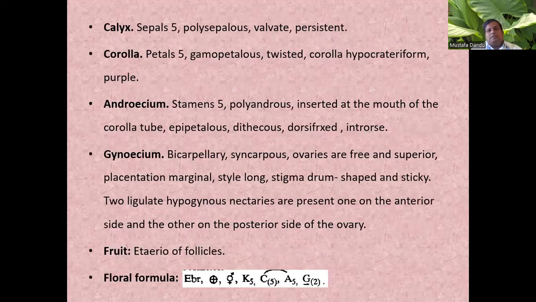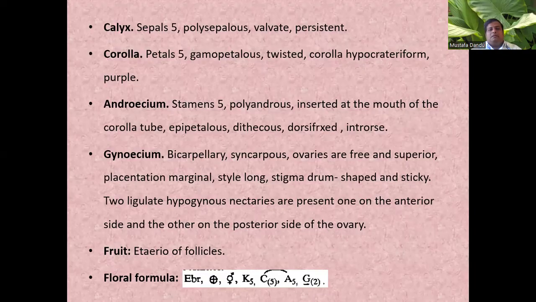The calyx, five sepals, polysepalous, valvate, persistent. Corolla is of mostly five petals, gamopetalous, twisted, hypocrateriform, purple. Androecium, five stamens are present, polyandrous, inserted at the mouth of the corolla tube, epipetalous, dithecous, dorsifixed, introrse.